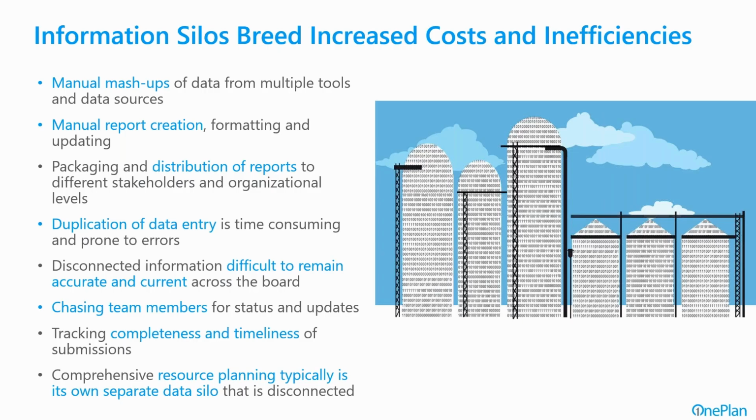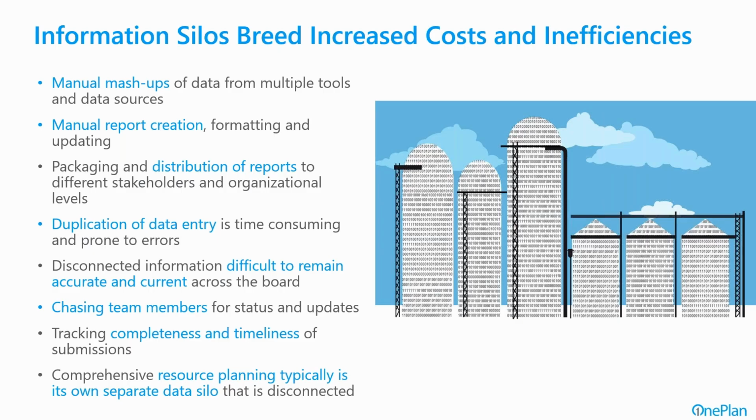And oftentimes we're chasing team members for status and updates that they're supposed to provide in different tools at different times instead of one comprehensive place. And this limits the completeness and timeliness of our submissions, let alone resource capacity planning, which many folks kind of throw up their hands and they have a totally separate piece of data, maybe often a spreadsheet that's disconnected from everything else that we're executing on.